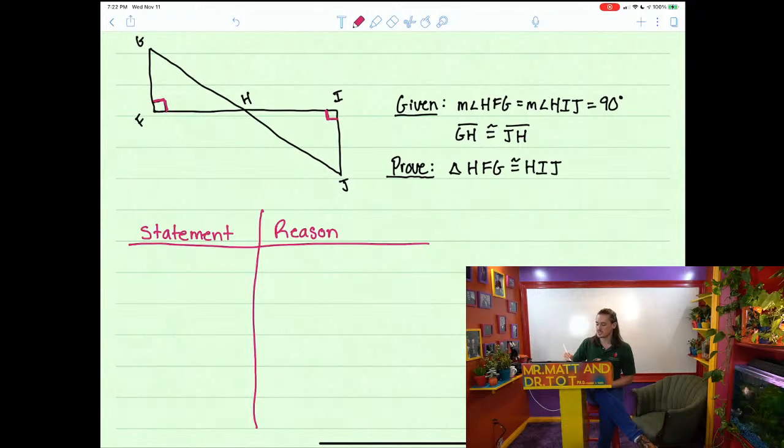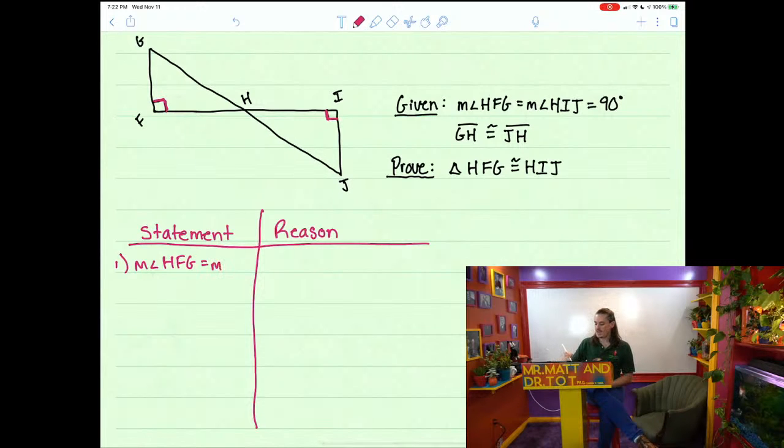So the first statement, we could say that the measure of angle HFG is equal to the measure of angle HIJ, and that's given.